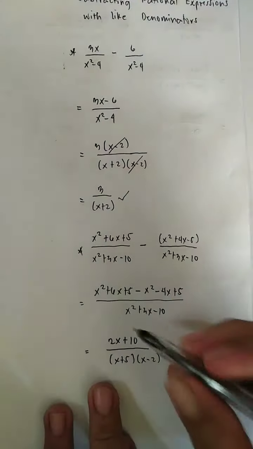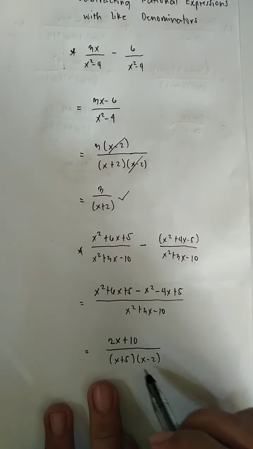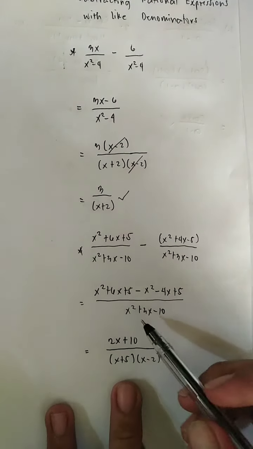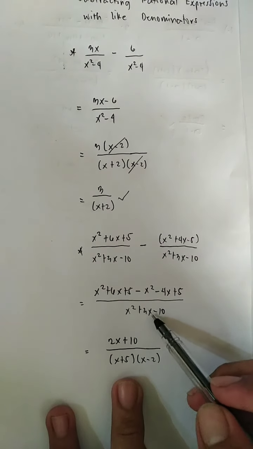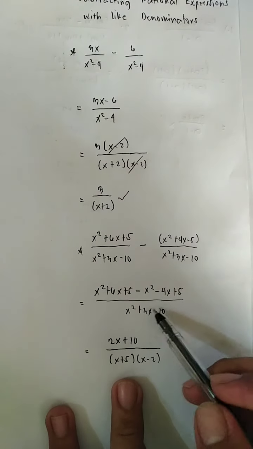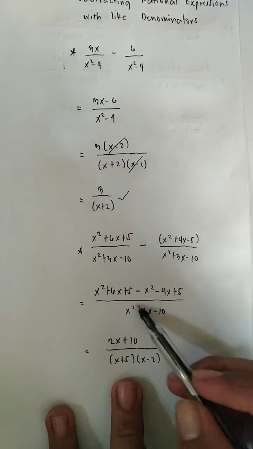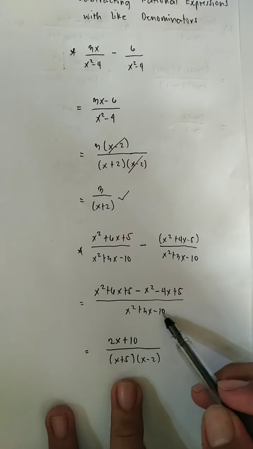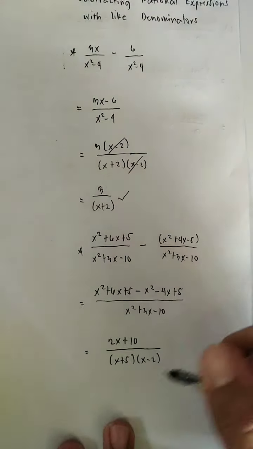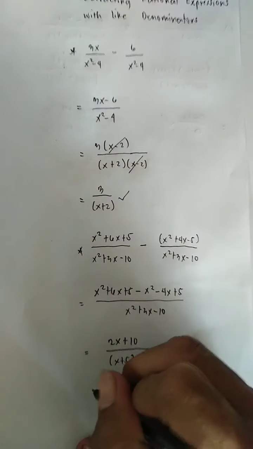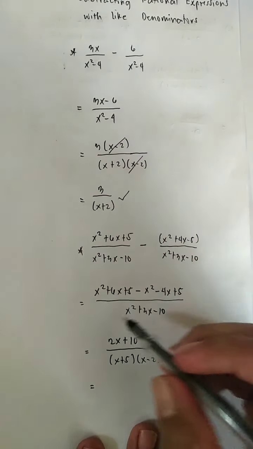If you multiply x plus 5 and x minus 2, the resulting product will be x squared plus 3x minus 10. So we just get the factors of this expression here, x squared plus 3x minus 10. Okay, let us proceed.